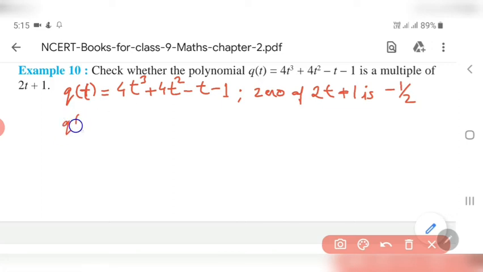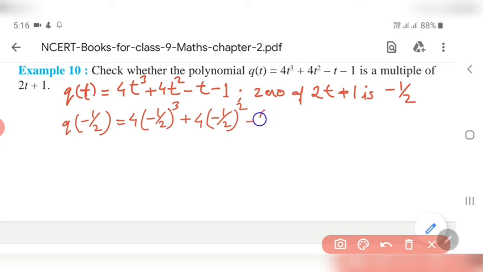You write q, in the place of t you write −1/2 and solve. So 4 × (−1/2)³ + 4 × (−1/2)² − (−1/2) − 1.